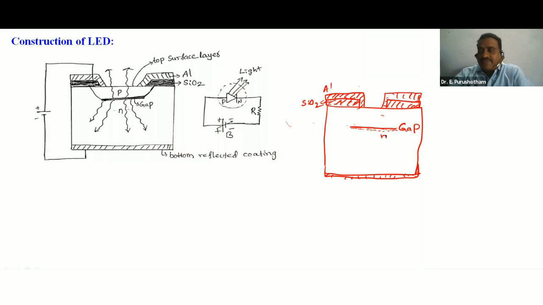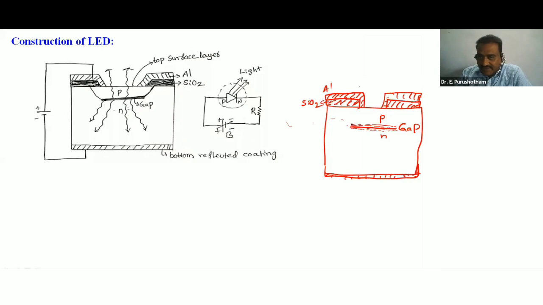The top surface of GaP is coated with P-type material. Then it behaves as a P-type semiconductor. Between this P-type and N-type semiconductor, a junction is formed. That junction is called the PN junction. This diode is called a PN junction diode.